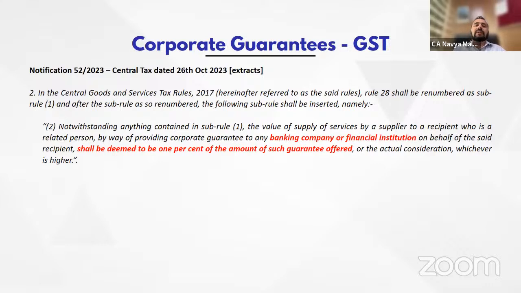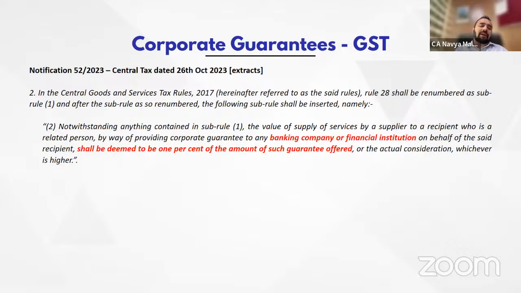So there came up the need, when you are giving a corporate guarantee to a bank or a FI on behalf of the recipient, then it shall be deemed that 1% of the amount of guarantee offered is the actual consideration or whichever is higher. यानी कि अगर मान के चलिए आपने 800 करोड़ रुपए का लोन लिया है और आपने कहा जी हम 800 करोड़ के लोन पे 1% कॉर्पोरेट गारंटी की बात करते हैं, तो 800 करोड़ का 1% होता है 8 करोड़ रुपए.